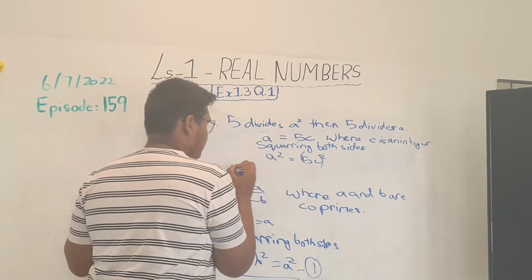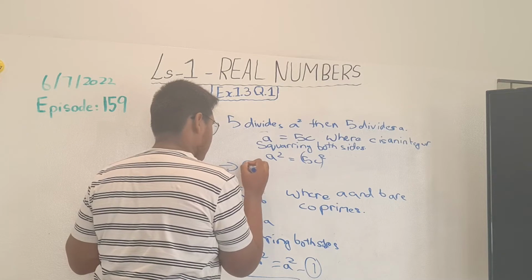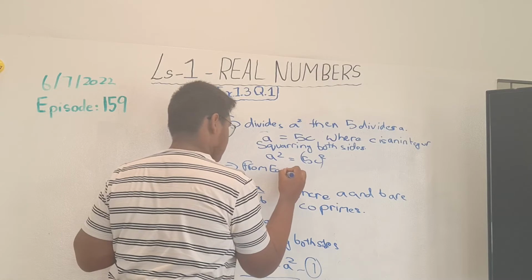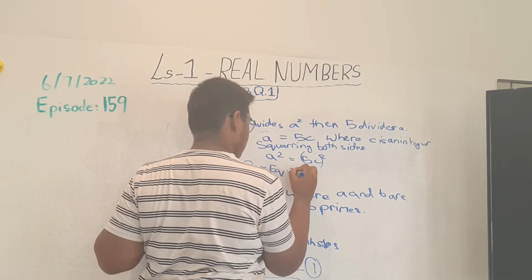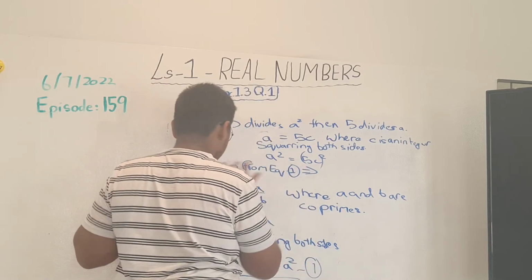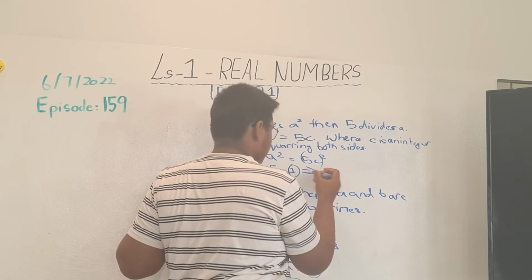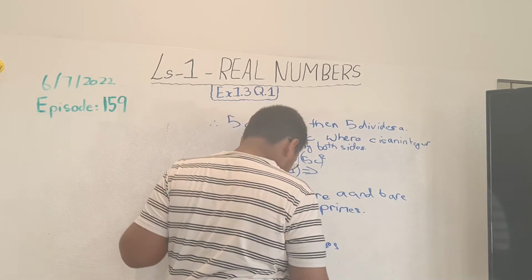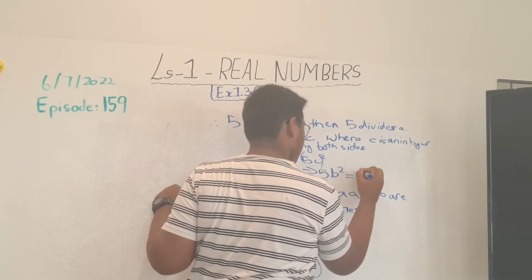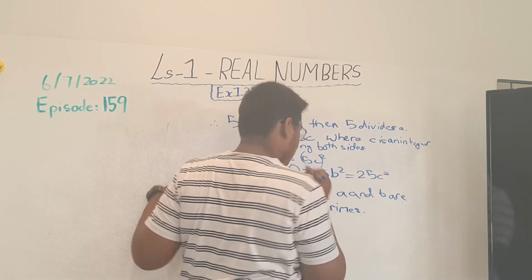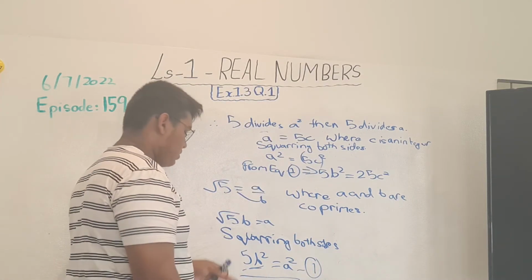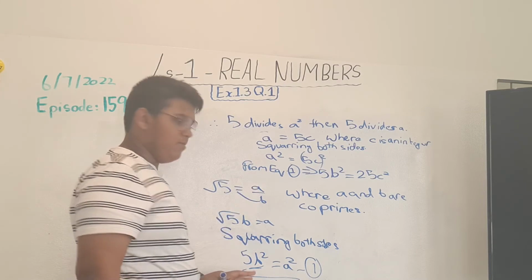Then from equation 1 we can tell that 5b square equals 25c square, because a square is equal to 5b square. So instead of writing a square we can also write 5b square.